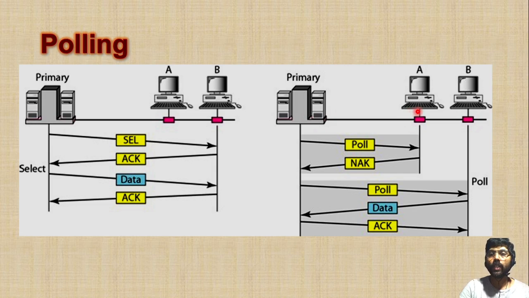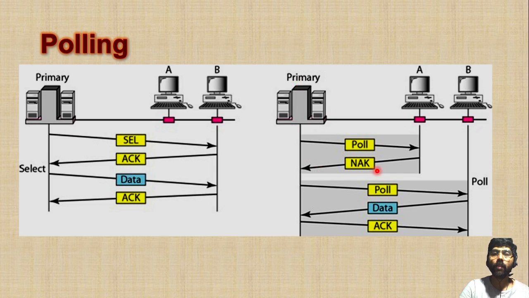If the first station wants to transmit data, then it directly transmits the data to the primary station. Otherwise, that means if no data has to be sent, in that case, the secondary station sends one negative acknowledgement called NAK to the primary station.